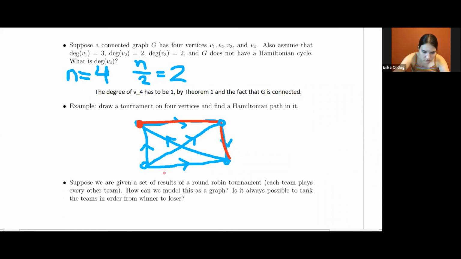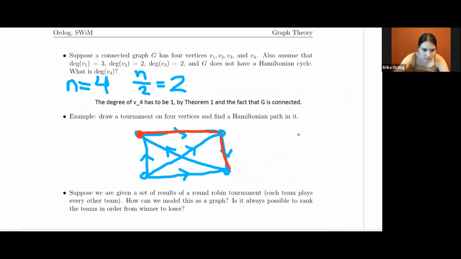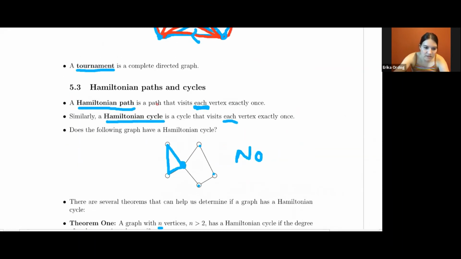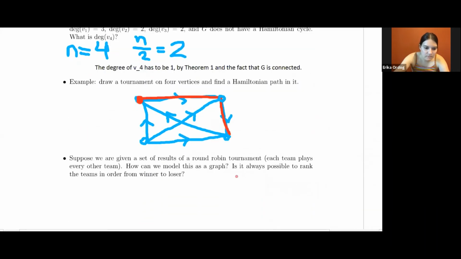We want it to be a Hamiltonian path, so we want to get to all of the vertices exactly once. The last thing to do would be to somehow connect this vertex. We could do it by following that edge. Okay, so there's our Hamiltonian path.